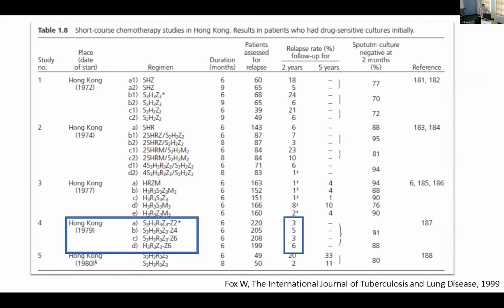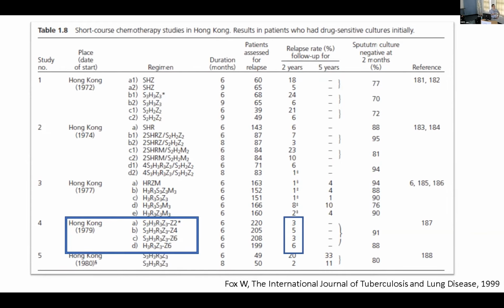This illustrates 3 times a week. And they gave PZA for 2 months, then 4 months, then 6 months. And they gave the regimen for 6 months in total. And the relapse rate at 2 years, as you can see, is pretty similar between the different regimens. So in other words, you can say to yourself, well, PZA after 2 months, probably not that effective.